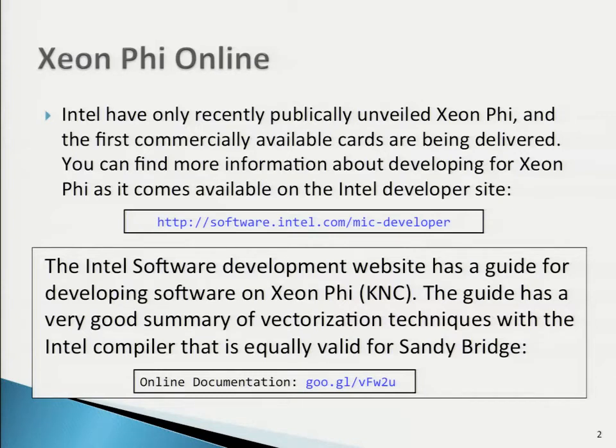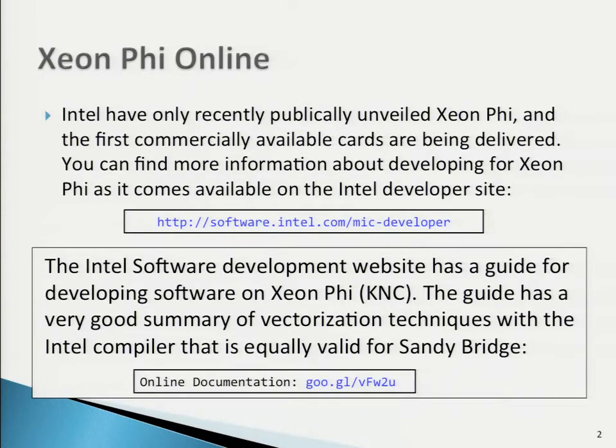But they've got a website with information for people interested in developing codes for Intel MIC. At the moment, it's mostly full of marketing talk, but there is some interesting information buried in there. I think for every software engineer at Intel, and there are a lot of them, there are two marketing people, so you do have to be careful. But they do have some very good guides actually.